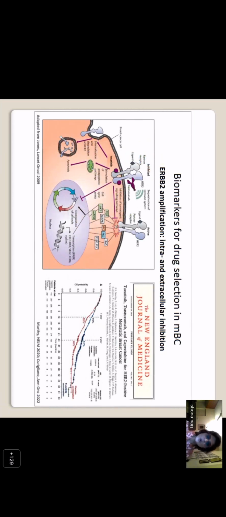And are we only focusing on the extracellular part of the receptor? No, every surface receptor, or receptor tyrosine kinase as we call it, has an intracellular portion which has the tyrosine kinase domain. And this is targeted by small, smart molecules which can cross the cell membrane. And we have drugs like lapatinib, tucatinib, neratinib against the HER2.